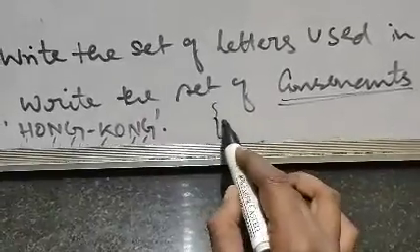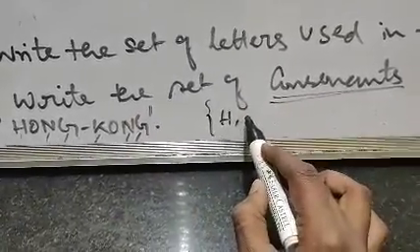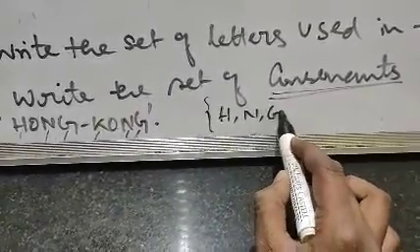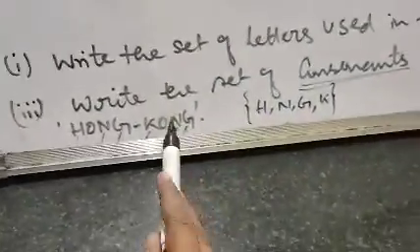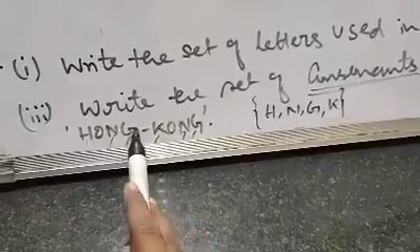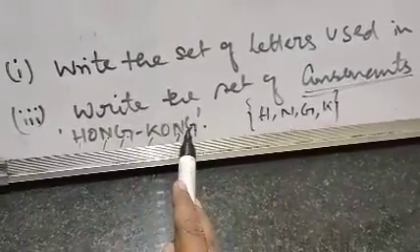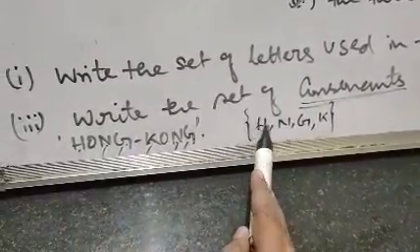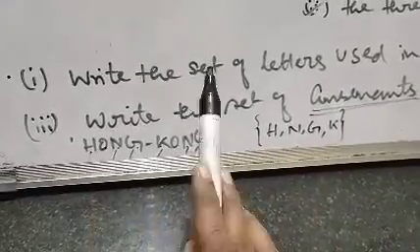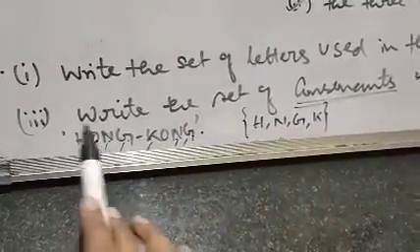So we will write H, N, G, K. Here N is written twice and G is written twice, so they are repeated and we will not write them again. We will take only one N and only one G. O is a vowel, so O will be eliminated. So the answer will be H, N, G, K.